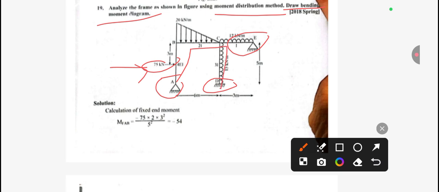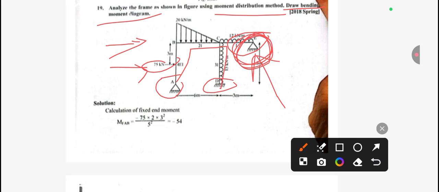But a hinge support is provided over here against the lateral movement. It means this load tries to make the frame sway, but this hinge support prevents the sway. So we can conclude that this is a non-sway type frame.